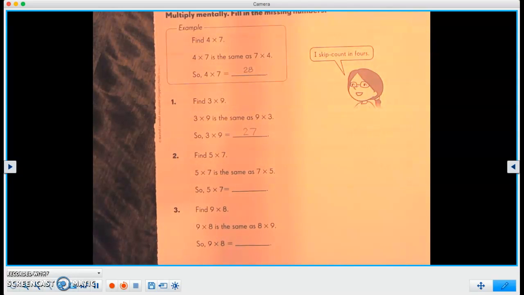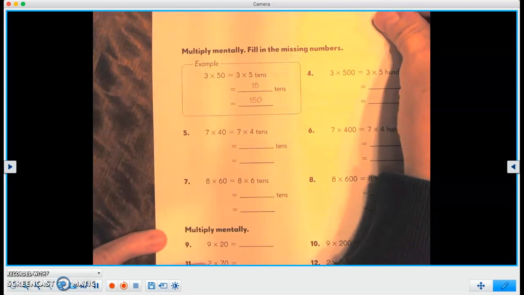You can go 8 times 10 and figure it out that way. However you figure it out, 8 times 9 does equal 72. Okay? You are 8 away from 80, which would be 10 times 8.